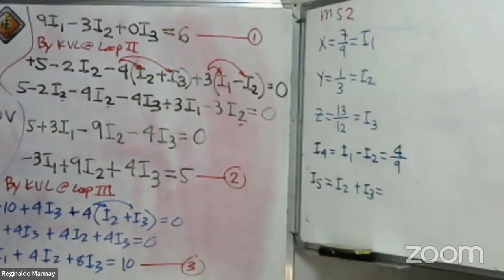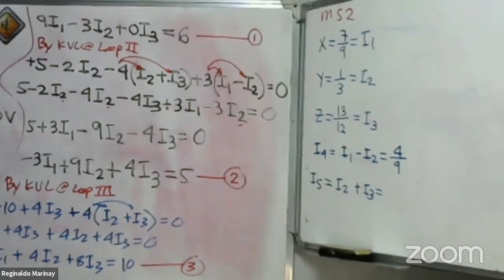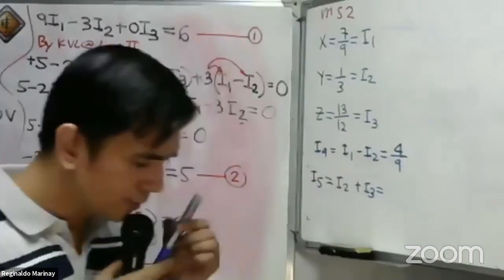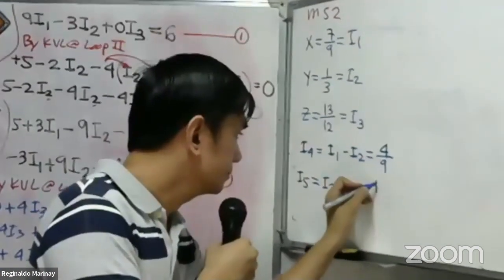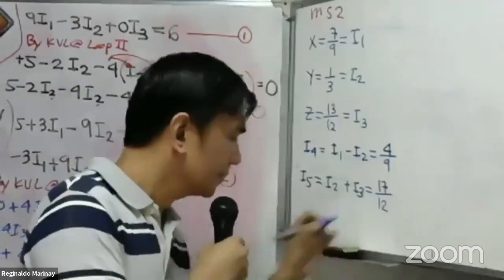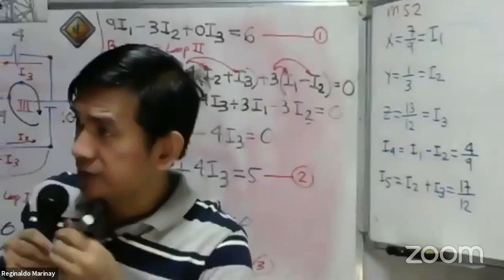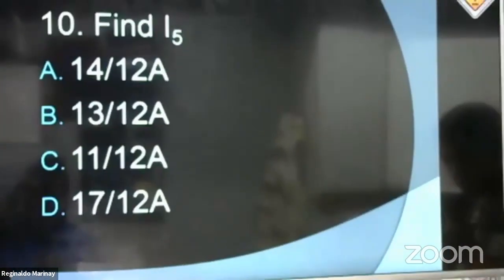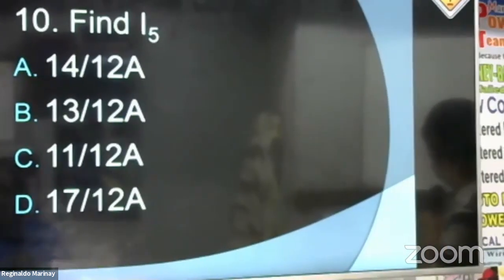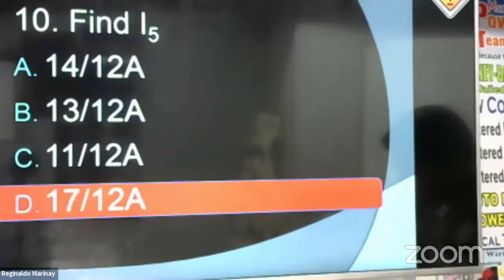Then we have plus 13 over 12. So that is 17/12. That's the answer. Of course, all are in amperes. 4/9, and for the last number, 17/12.